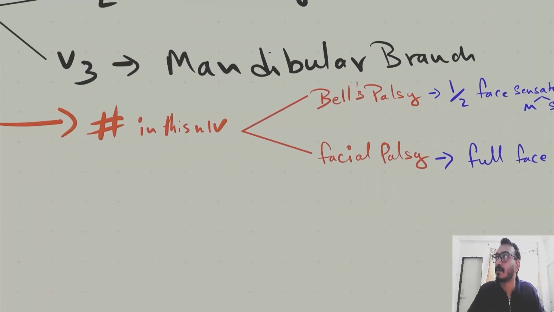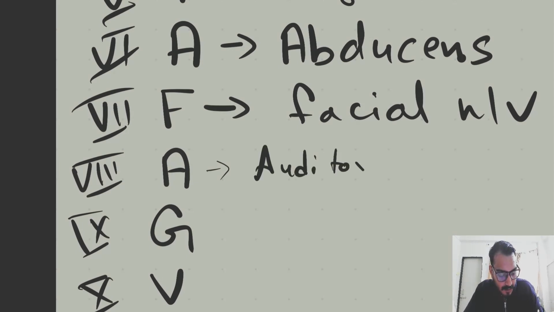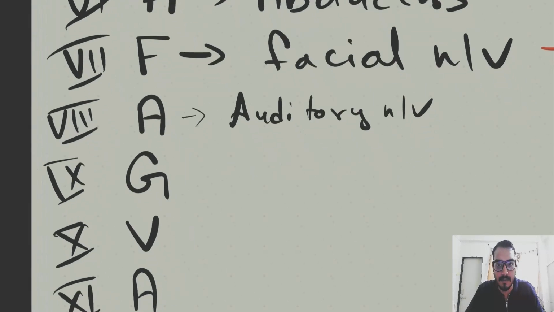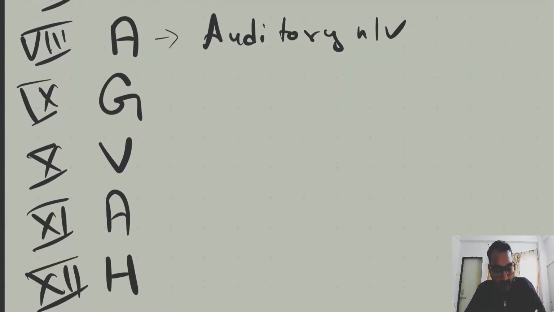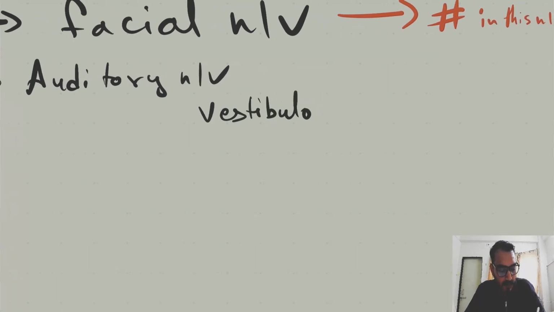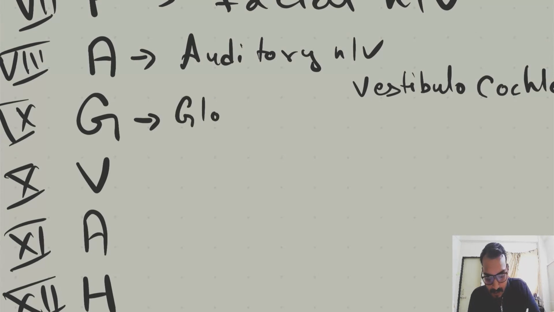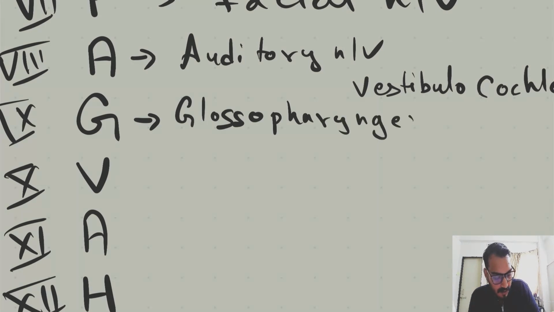Okay, so next is A. A is for auditory nerve, also known as vestibulocochlear nerve. Another one is from G, we have glossopharyngeal nerve.